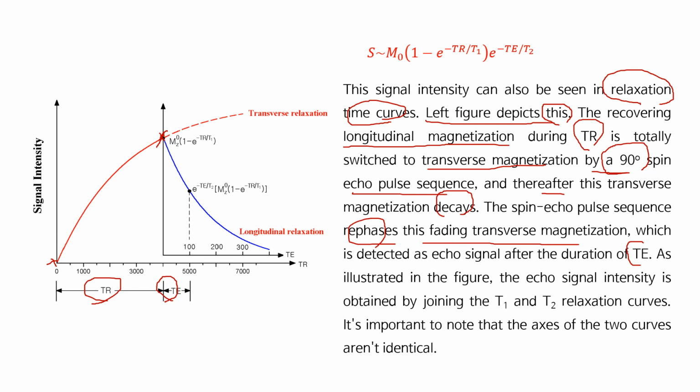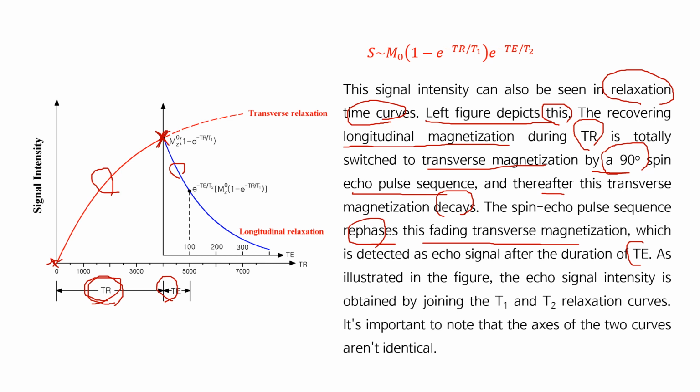So once more, longitudinal magnetization is recovering for the time of TR, and at this moment the spin echo pulse is turned on, and the 90-degree pulse of the spin echo pulse sequence flips the longitudinal magnetization to the transverse magnetization, and this transverse magnetization is decaying due to the T2 relaxation.